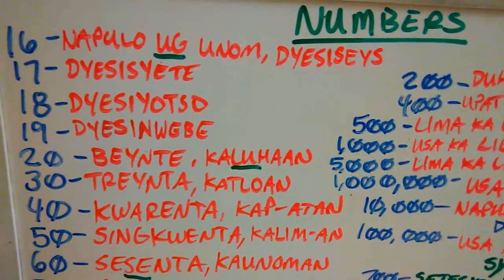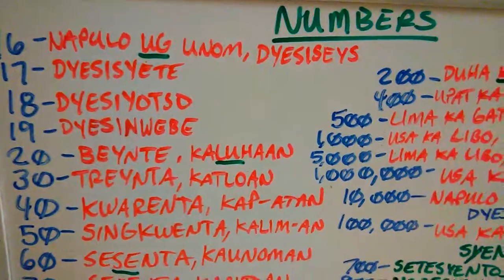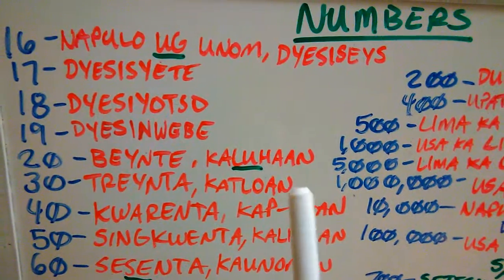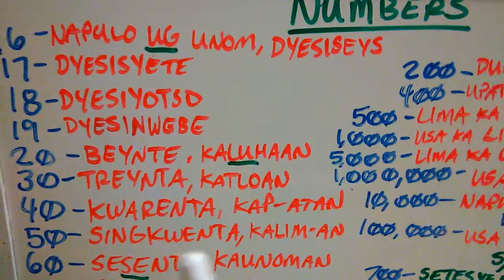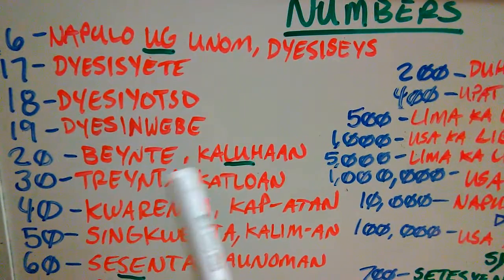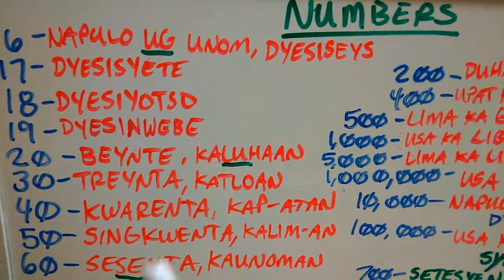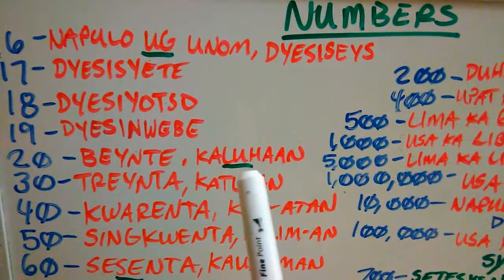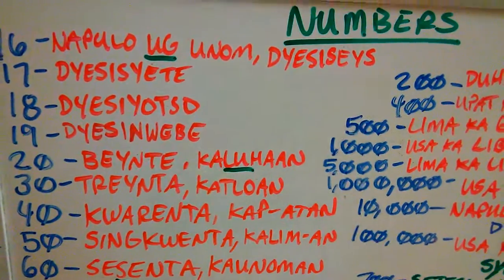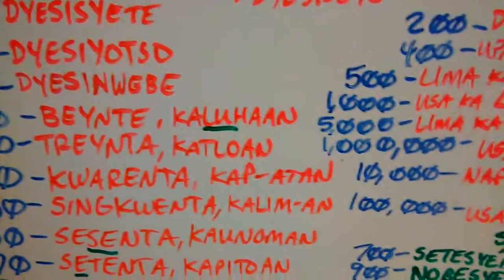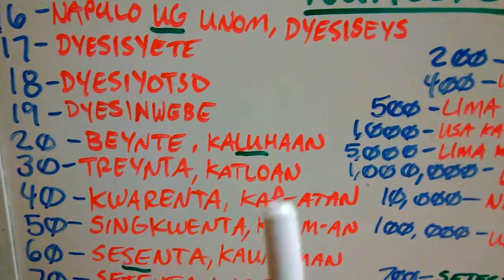20 is weird. For the indigenous set, we get kaluhaan, and the Hispanic set is 20. For the indigenous set, I want to talk about this underlined lu.